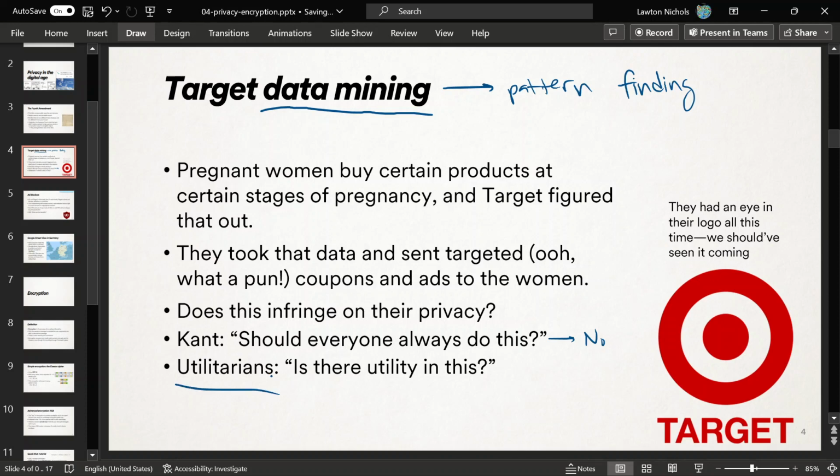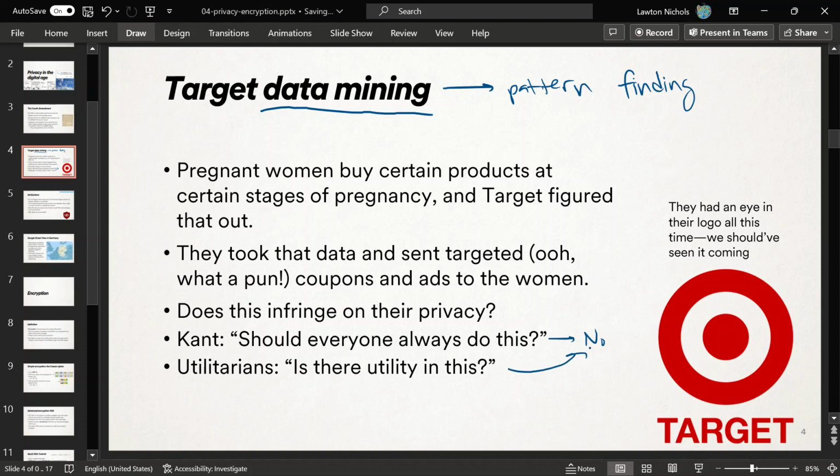And then all of the utilitarians, John Stuart Mill included, would ask, what is the utility in these ads? On one side, you could weigh the fact that this is really taking away from someone's privacy. They're shopping and they should not have to deal with this. Nobody should be looking into their bags as they're buying things.